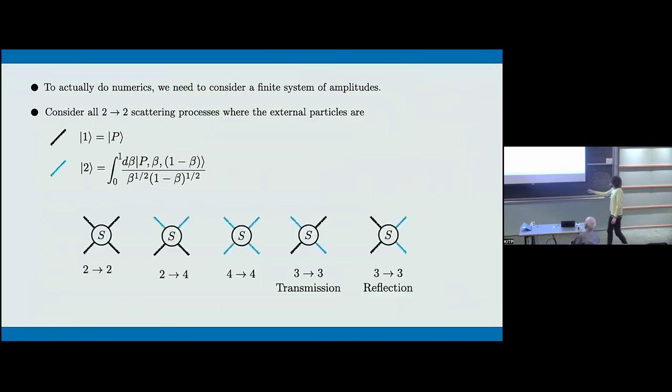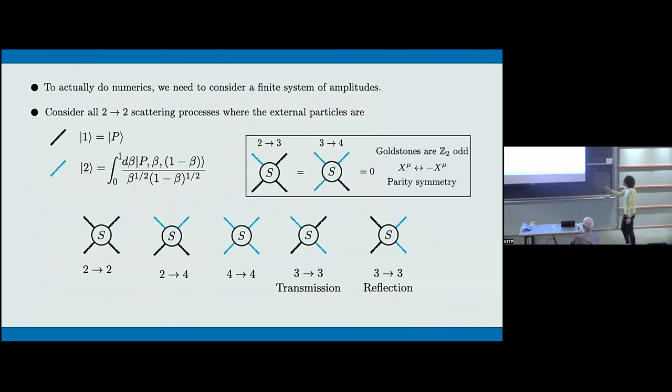And we'll consider all amplitudes that you can make out of these two new particles. You have the 2-to-2 process, and then you have 2-to-4, 4-to-4, 3-to-3, and 3-to-3 reflection, where, again, we need to understand that in this multiparticle process, we are projecting these lines against these wave functions. And we don't have 2-to-3 and 3-to-4 because we have some Z2 symmetry, namely parity in spacetime, which says that the Goldstones are Z2 odd.